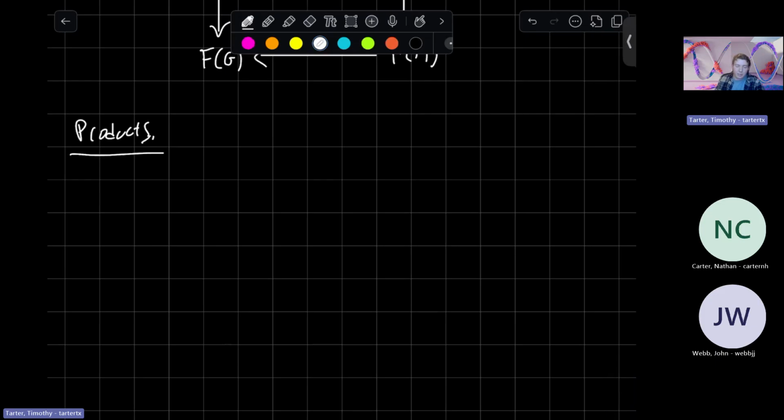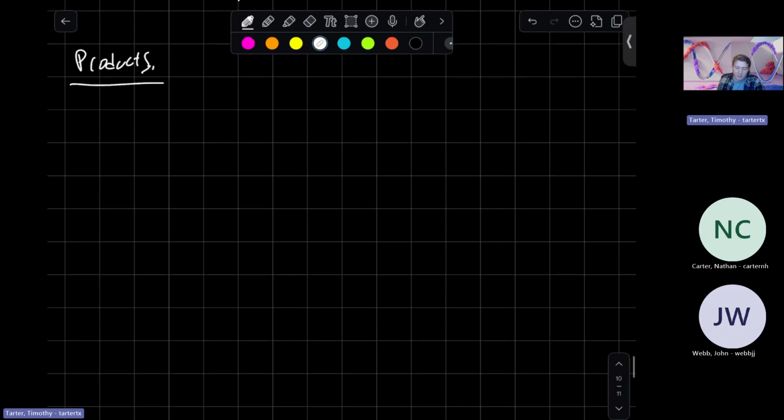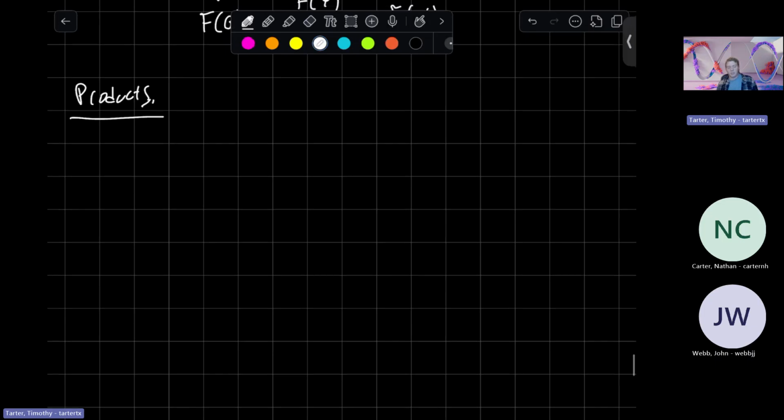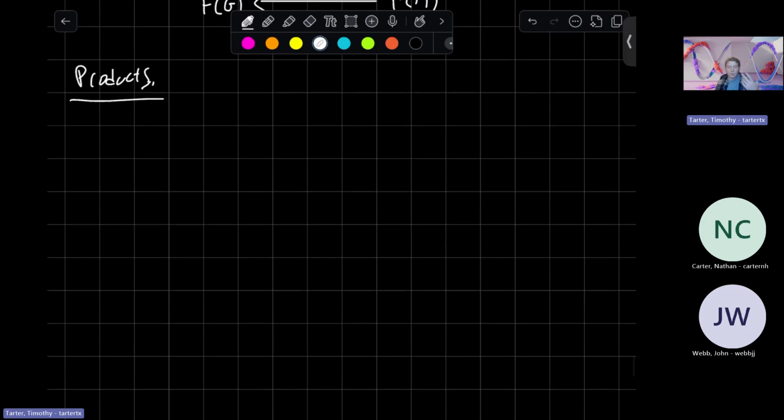Okay, so products are going to be our first application of this. You've seen the Cartesian product of sets, and that this is a very natural construction. But one would maybe wonder, is this a universal thing? If I have two groups and I take the product of two groups, do I get a group? Well, we know the answer is yes, but the diagram for this is as follows.